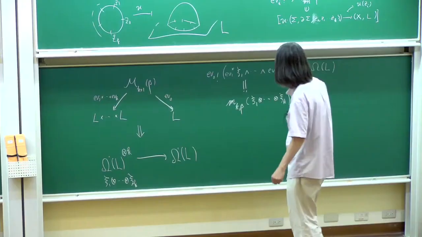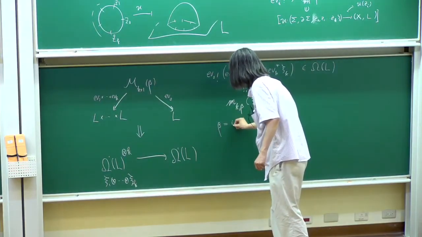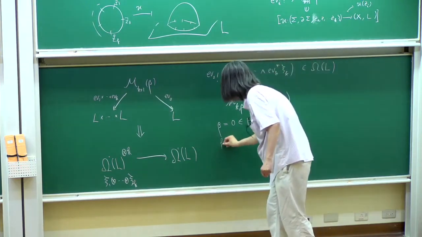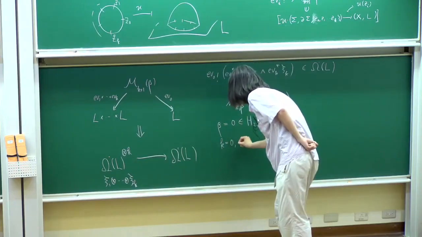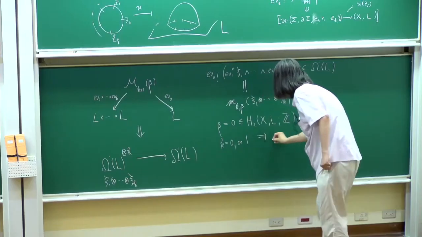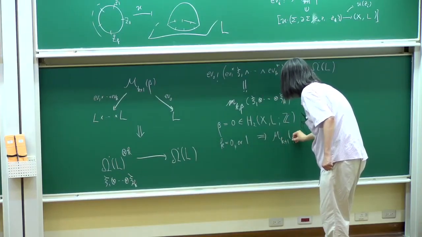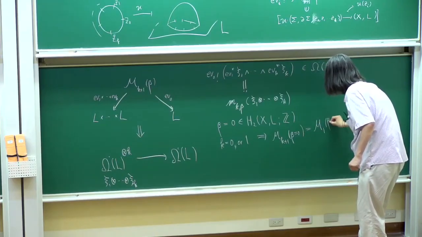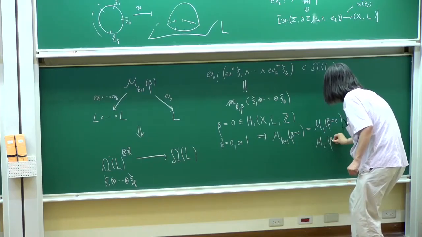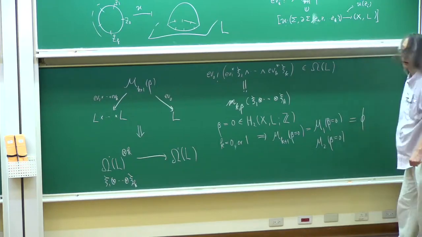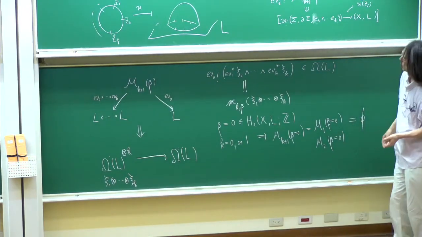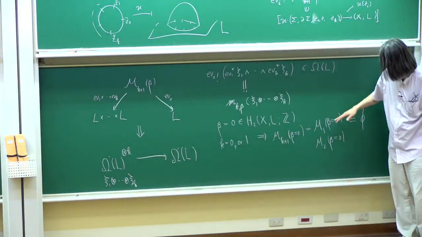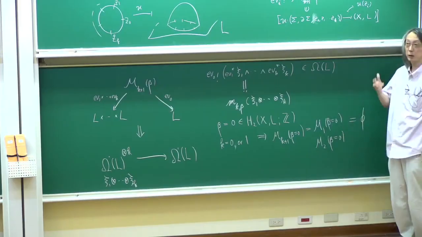And if beta is constant, beta is trivial, and k is equal to 0 or 1, then M_{k+1}(beta), so this is either m_{1,beta} equal to 0 or m_{2,beta} equal to 0, and they are actually empty, because you have a constant map from the disk, and then the automorphism group of such an object, a constant map with one marked point on the boundary or two points on the boundary, is infinite.